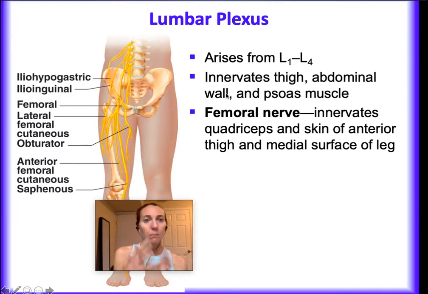And among these, the one I'd like you to be most aware of is the femoral nerve here. So the femoral nerve is going to innervate your quadriceps. So it's going to be responsible for knee extension and flexion at the hip as a consequence of that. It's also going to serve the skin or the superficial part of the front of the thigh, the anterior side of the thigh, as well as the medial surface of the leg. So that's our femoral nerve right here.